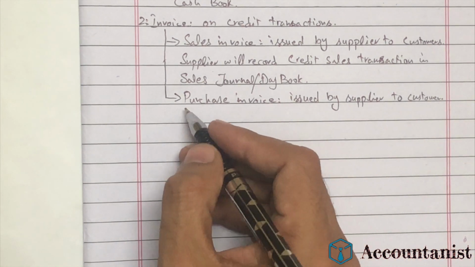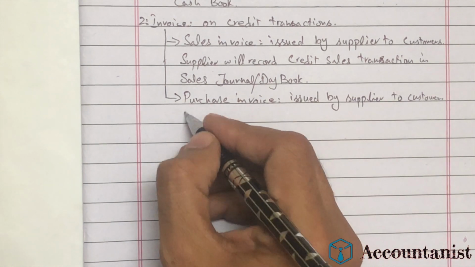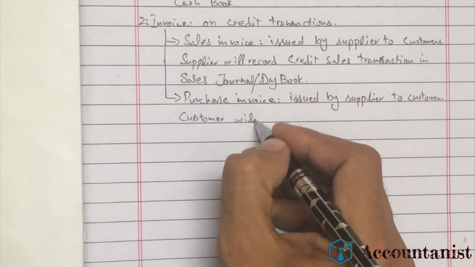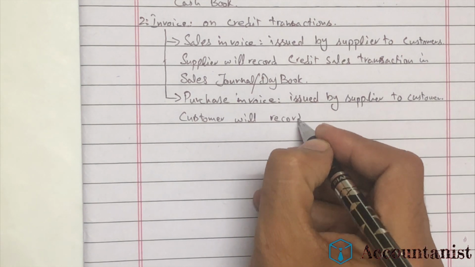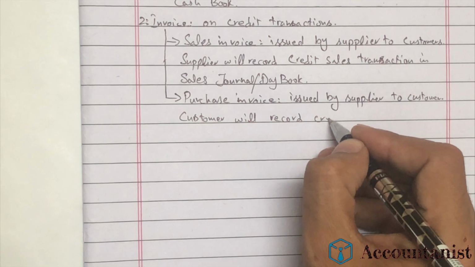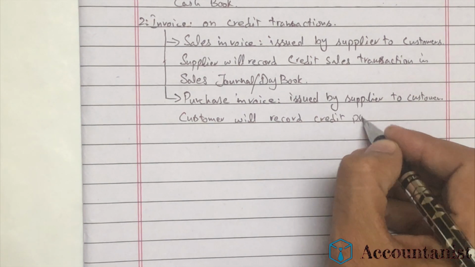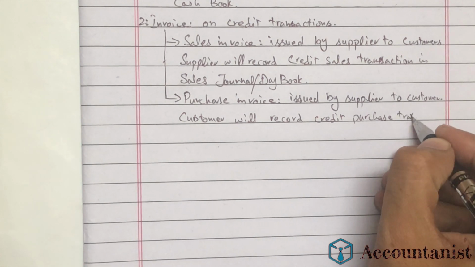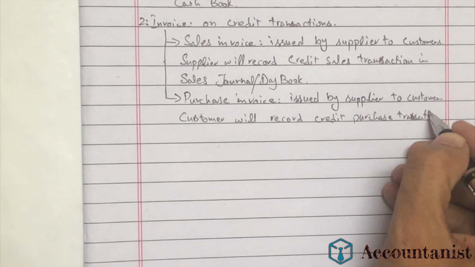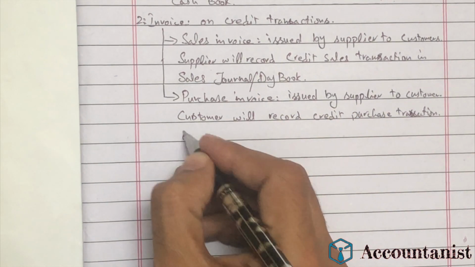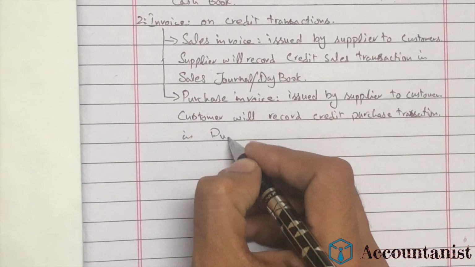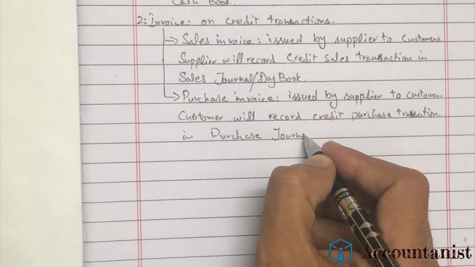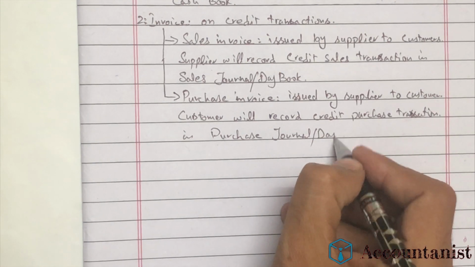Now the customer received the purchase invoice, so the customer will record the credit purchase transaction in the purchase journal or daybook.